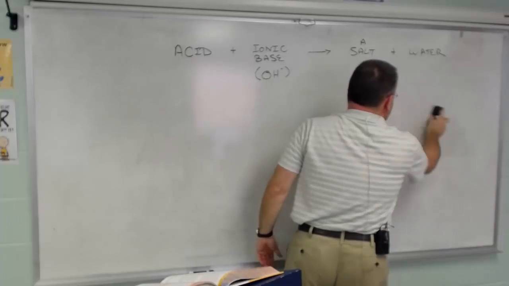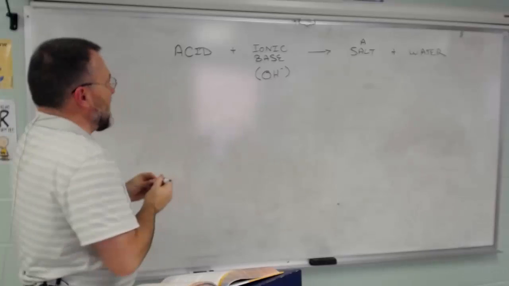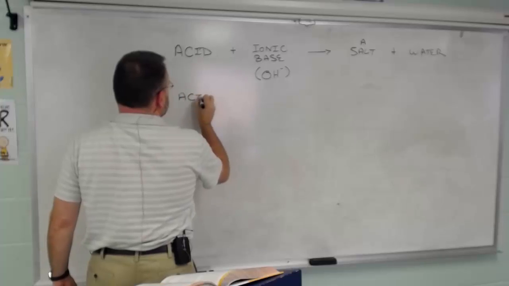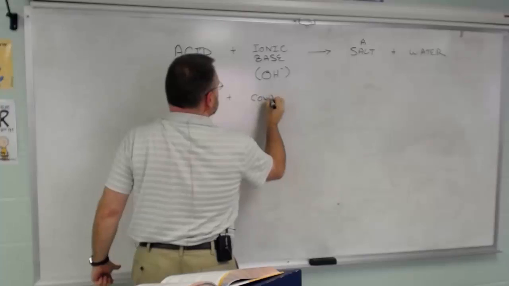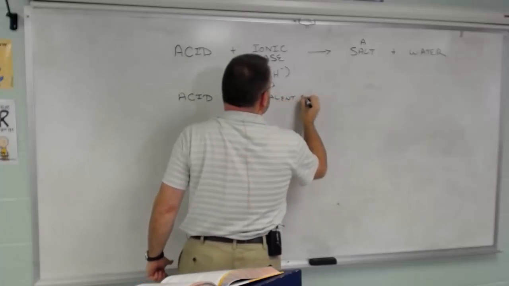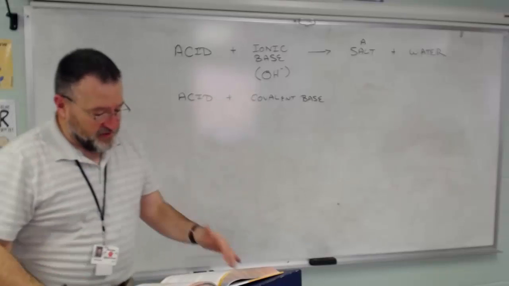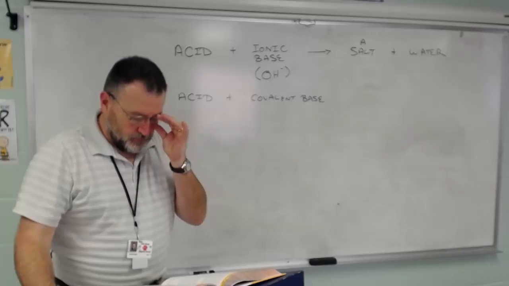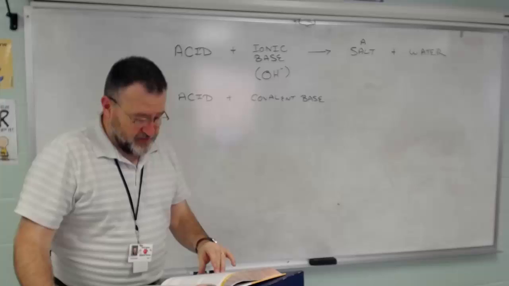Now we're going to move into a different kind of relationship, and that's the reactions between an acid and a covalent base. An acid and a covalent base. And the example they give us here is, we're going to be looking at NH3.